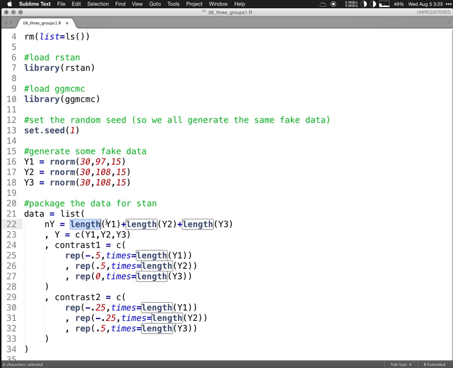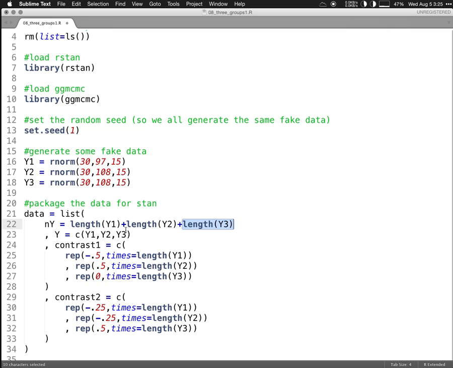I could do it a different way. I could say a mean for y1, a mean for y2, a mean for y3. But as I showed before, just having a mean for each condition means that when it comes to looking at the things that you're actually interested in, which is differences between conditions, you have to start doing inferences. You could just compute those differences in the sample. But when you're setting up the priors for the difference, it's a lot easier to set up a model where you're talking about where the data is centered, and then independent of that, what the differences are.